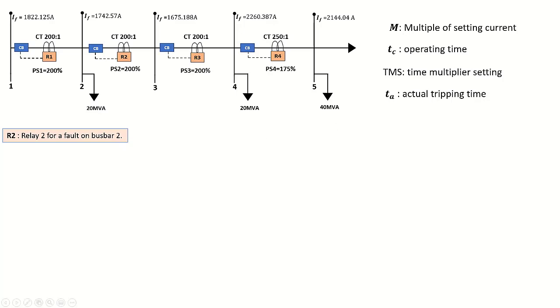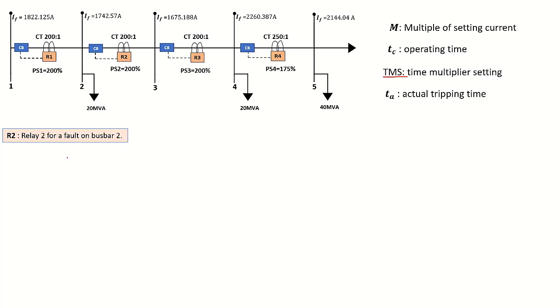We need to calculate first M, TC, TMS, TA, keeping in mind that every time you calculate TA, you have to use the TMS of the previous one. Every time you calculate TMS, you have to use TA of the previous busbar fault and add the grading margin so that you get a higher actual tripping time.